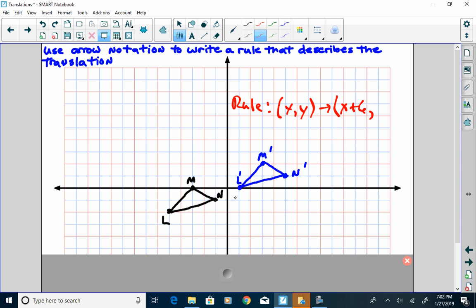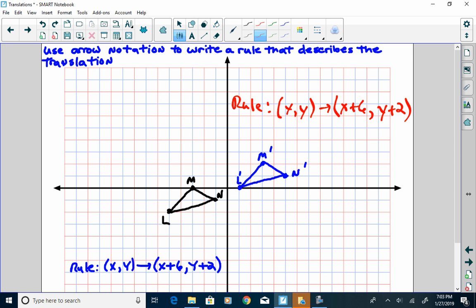Well, let's see what happens to the y value. Here's our original, located at 0 on the y-axis, point M, and then M prime is located 2 units up. So that means the y value increased by 2. I'm going to check that with the rule that we already have written, and that should be correct. There's our rule. Right, 6 units in the x direction, 2 units in the y direction.